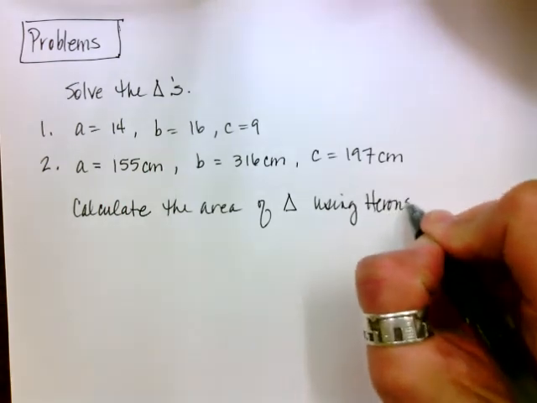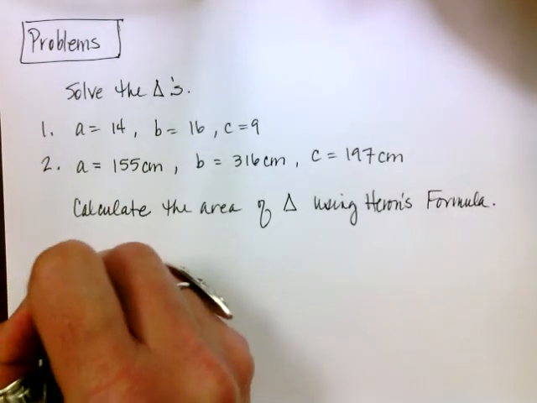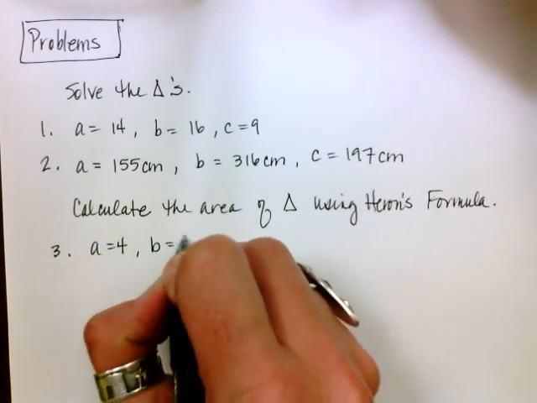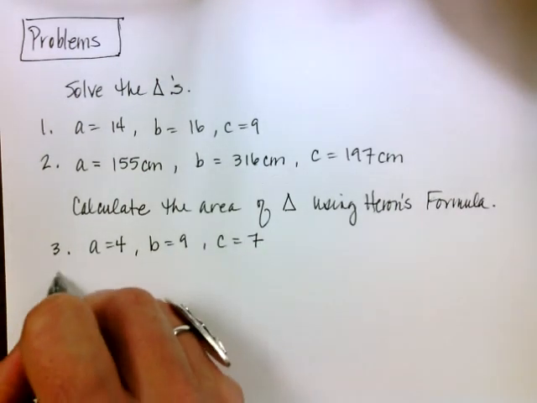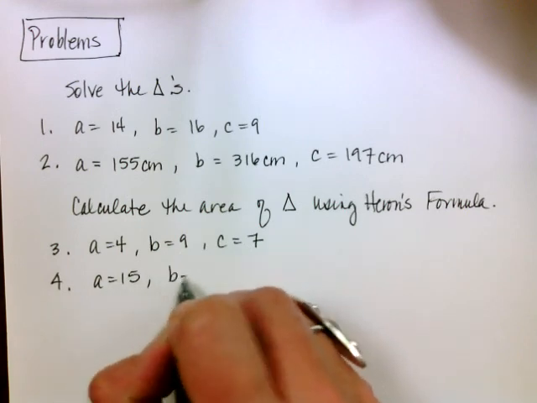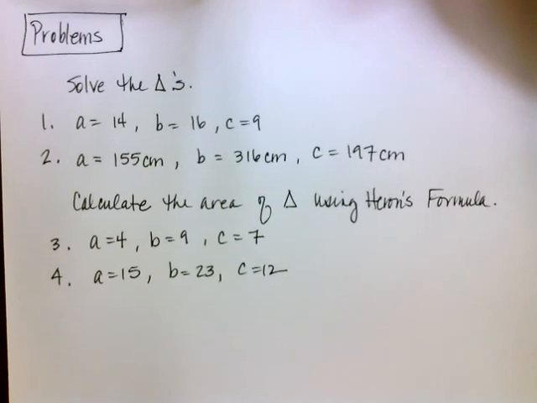And again, I would give you this formula on a quiz or test. All right, number 3, I know that A is equal to 4, B is equal to 9, and C is 7. And then my last one, I know that A is 15, B is equal to 23, and C is equal to 12.